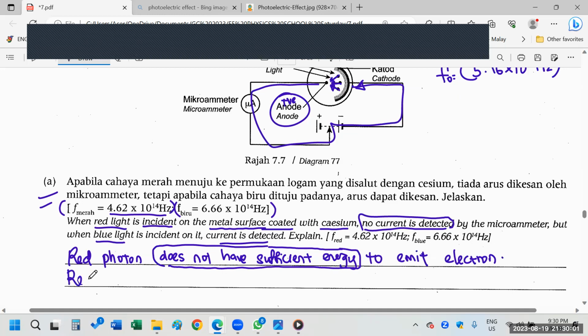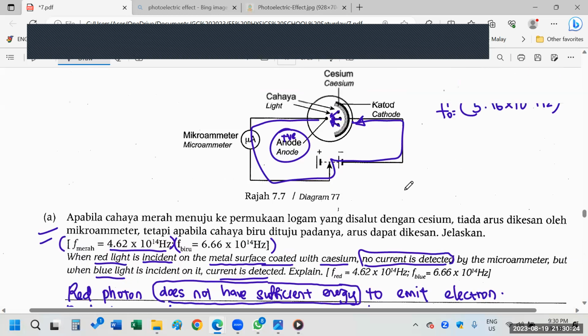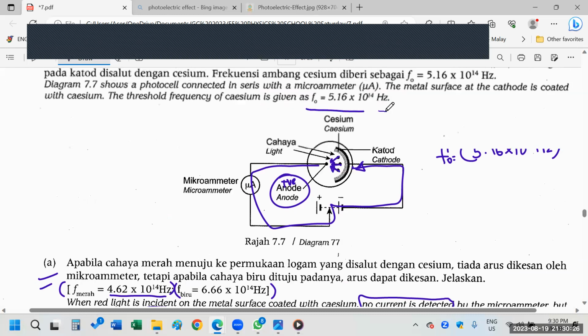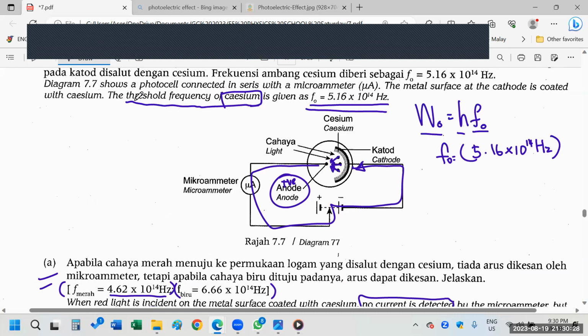Because the red photon has frequency less than the threshold frequency.